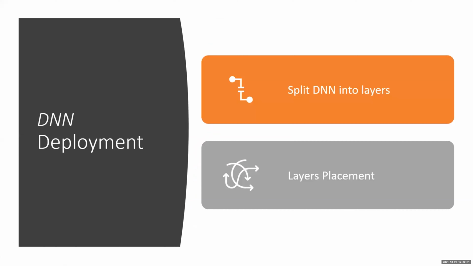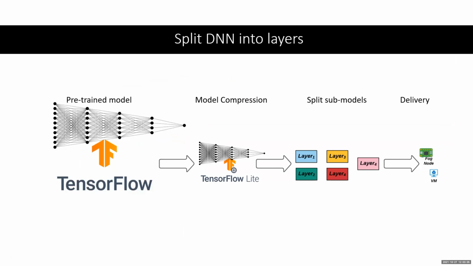The tools will have two phases. The first one is splitting the DNN, and the next one is layer placement. The first phase will take any pre-trained model.